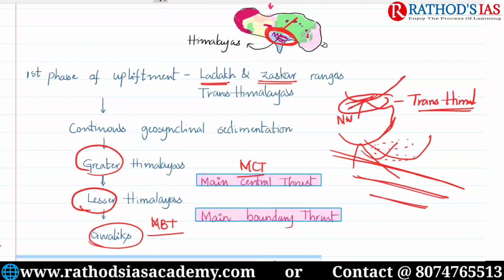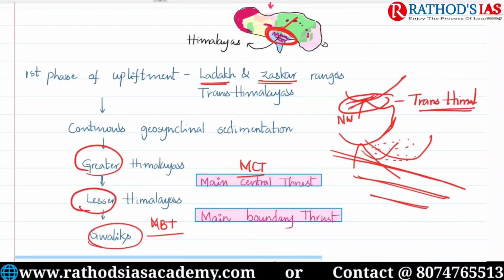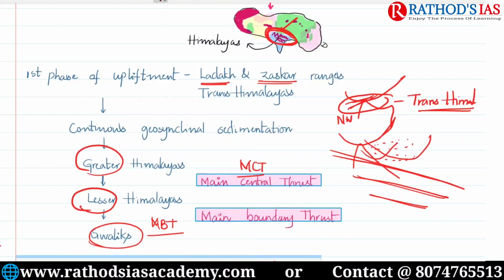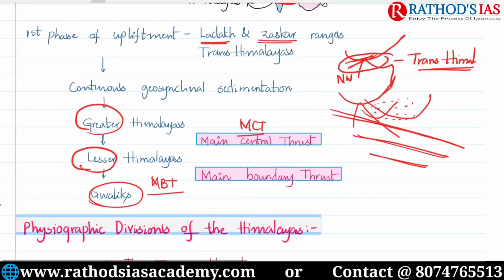These are the two keywords that you have to see, and this might be your prelims question. These are the theories regarding the origin of Himalayas, and if you draw the diagrams and use this flowchart, it is more than enough.